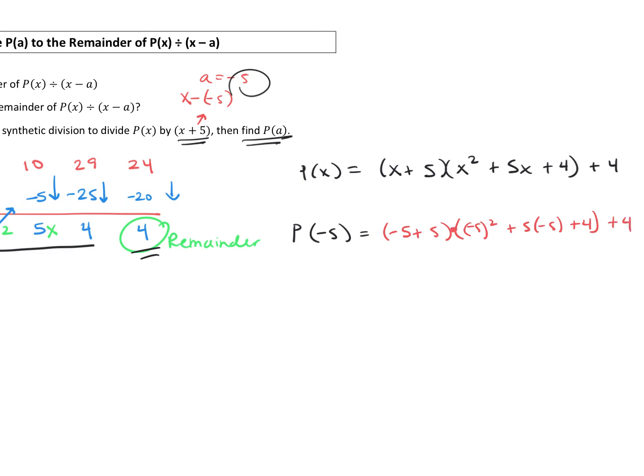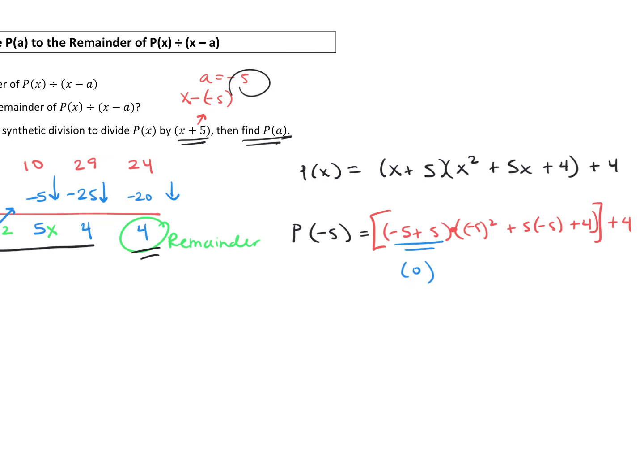So we have a product of these two parentheses and then the plus 4 in the end. So when we get that product, negative 5 plus 5 is 0. That's going to happen every time. Your a value, if you plug that in to this part of what we were dividing by, it's always going to give you a 0.